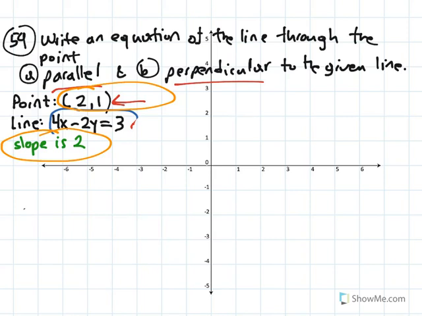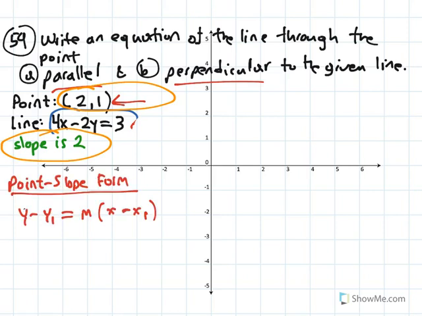There are different ways you can do this problem. One way is to use the point-slope form of the equation of a line. In the point-slope form, m is the slope, and x sub 1, y sub 1, which you see here and here, represent the coordinates of a point that is known to be on the line.